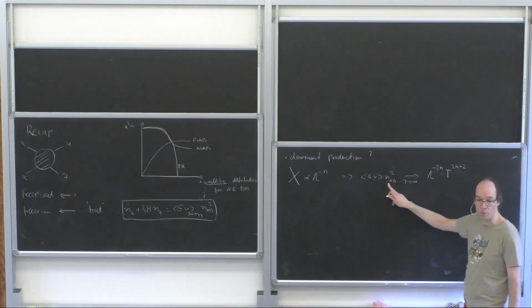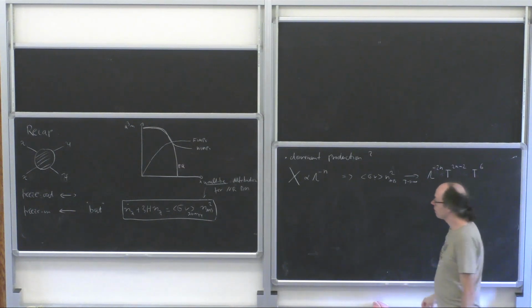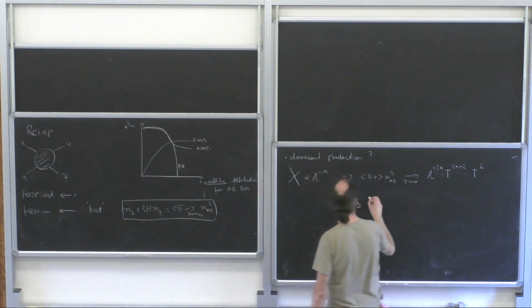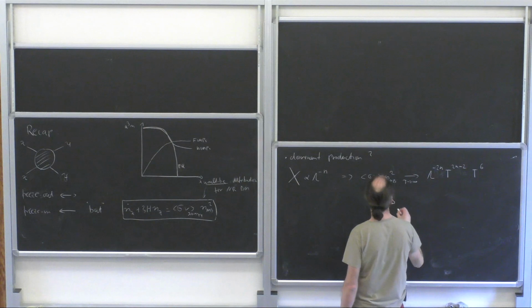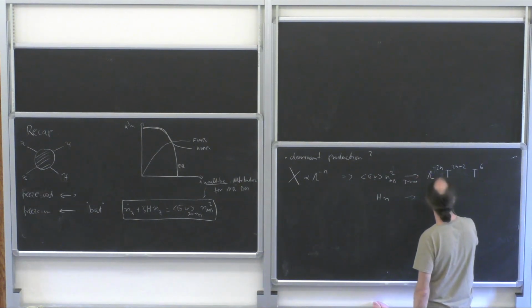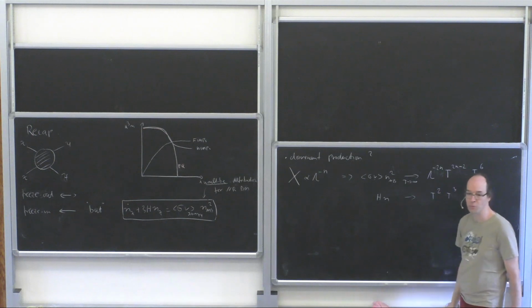So n in equilibrium goes like T cubed, so this is a T to the 6. On the other hand, we can compare the relevant scale here, H times n, which at high energies will scale like T to the 5: T squared for the Hubble rate times T cubed for this one.